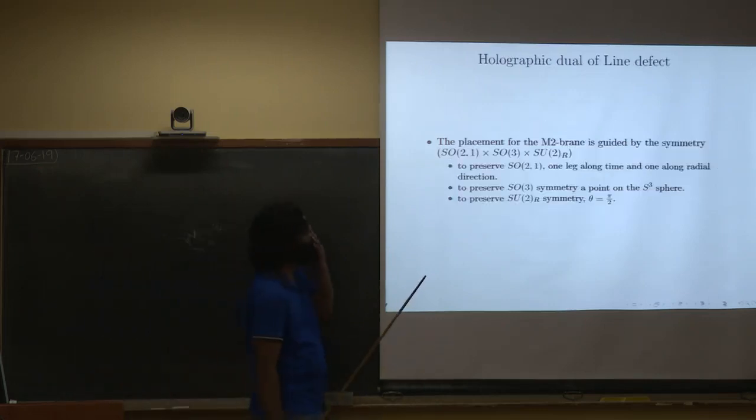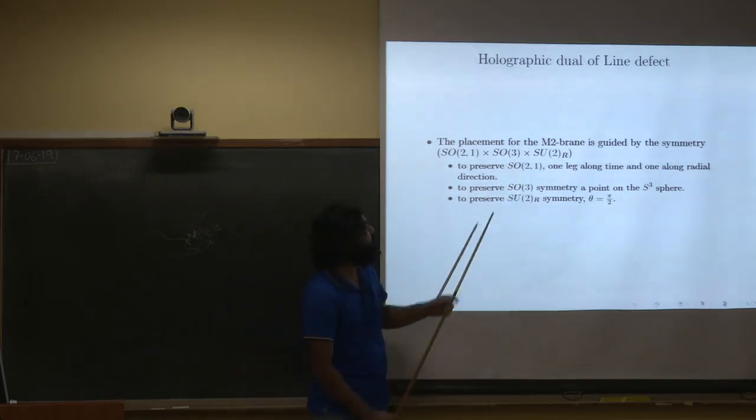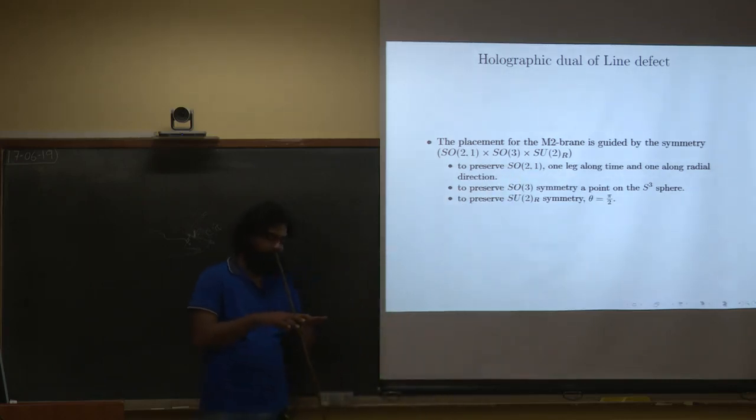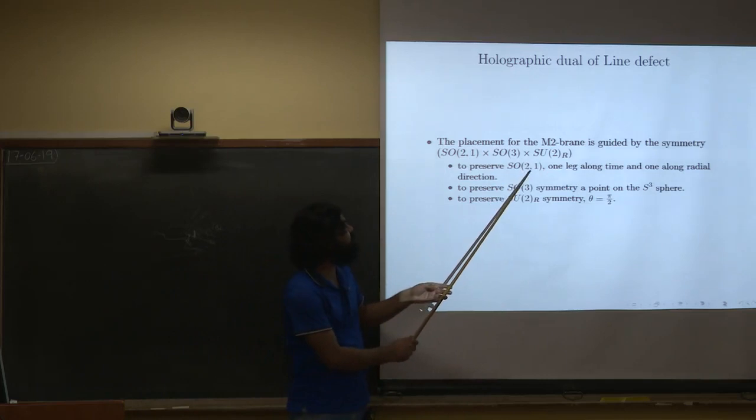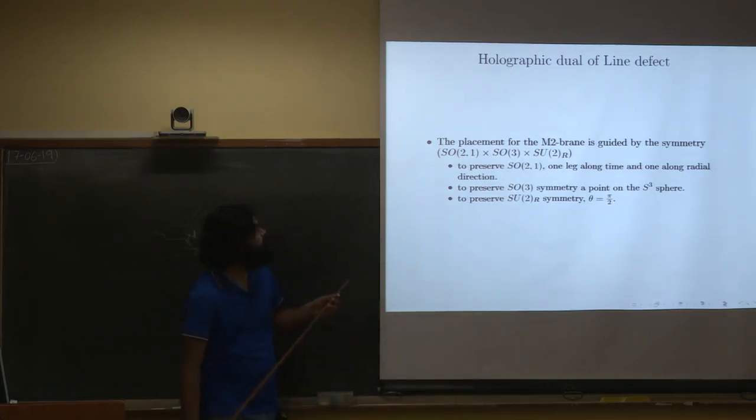Now we are going to preserve all the symmetries that we were talking about from the field theory perspective. First, to preserve the SO(2,1) symmetry, we place the time direction of the M2 brane along the time direction of AdS5 and one spatial direction along the radial direction. That's the AdS2 subspace, and it preserves the SO(2,1) symmetry.